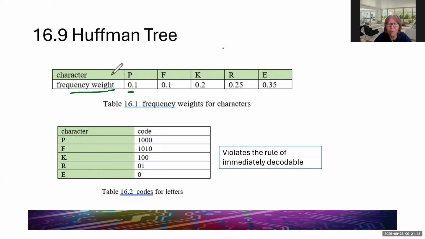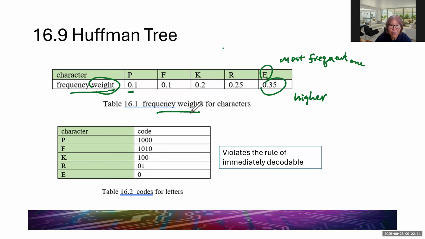So here, suppose for something, we have these 5 characters, and we give the frequency rate, the weight. P is 10 percent, F is 10 percent. We can see E is the most frequent one, so its weight is larger. So this is the frequency.